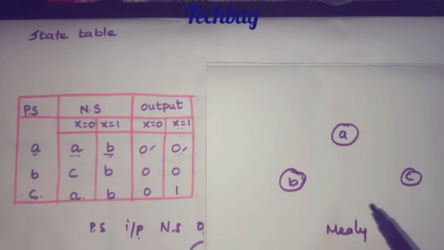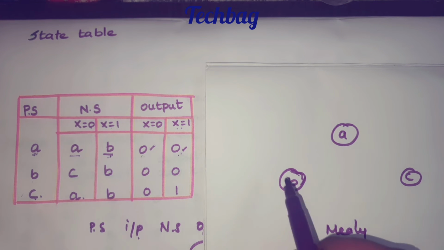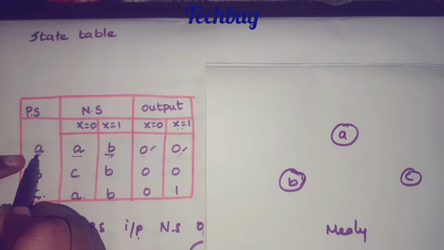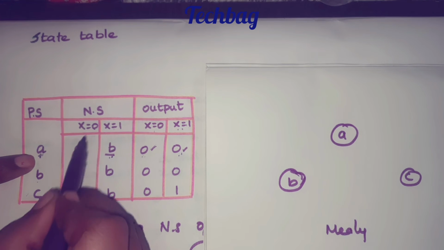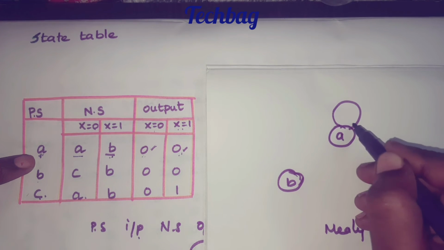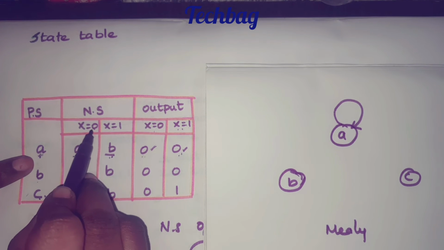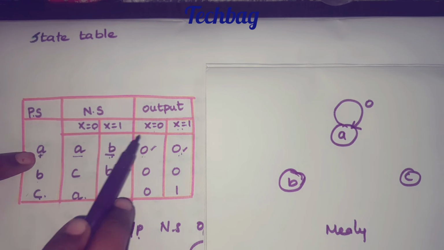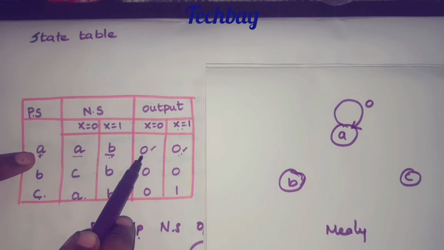So after completing the state diagram, you will be clear about this. So first start from the first row. Present state is A, X is 0, next state is A. So the input is 0. Present state A, X is 0 means output is 0.